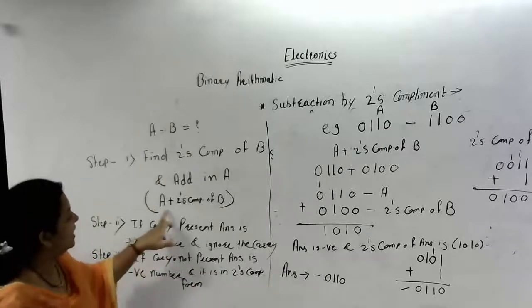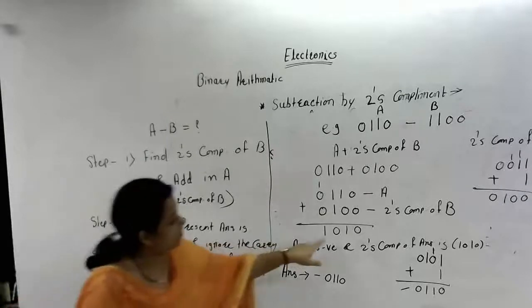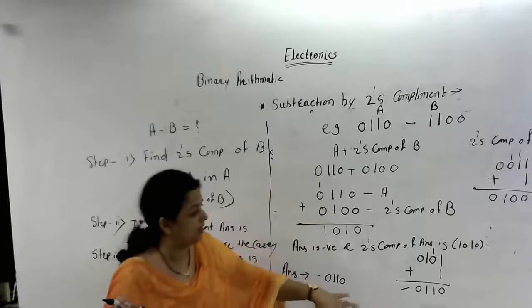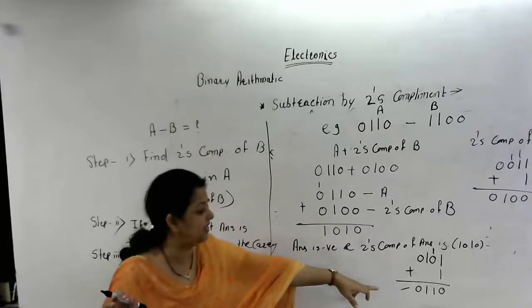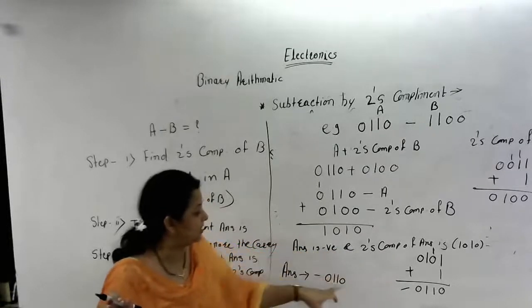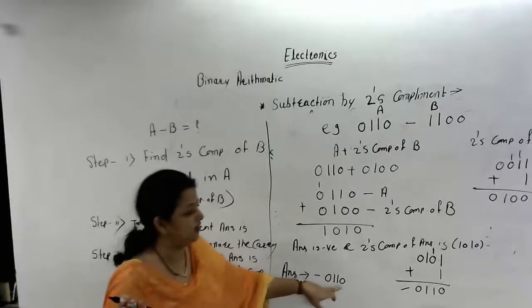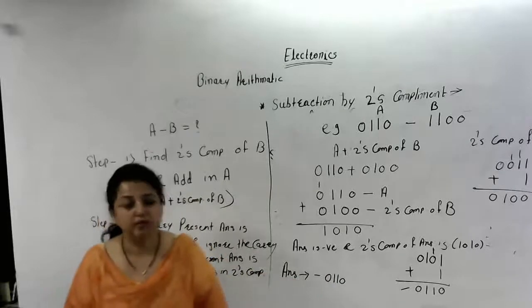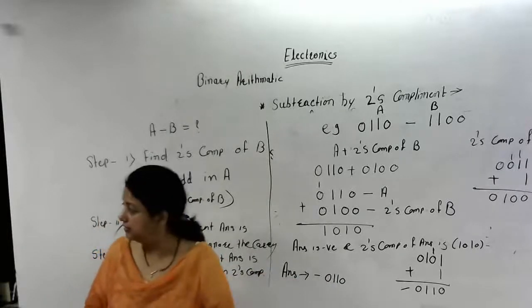After A plus 2's complement, for the answer that comes, find the 2's complement again of that number. In this way you find the 2's complement of that answer and give the answer a minus sign. So our answer is minus 0110. Okay? Do you understand?